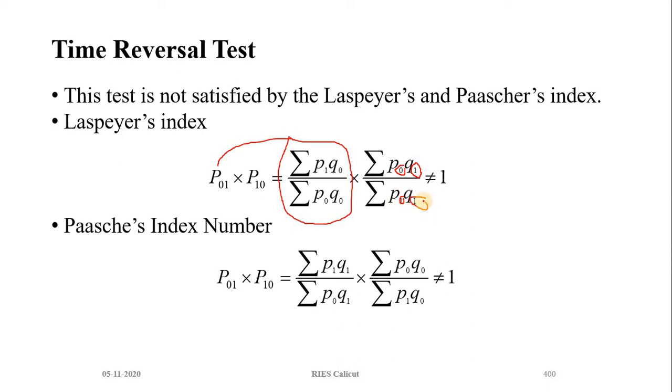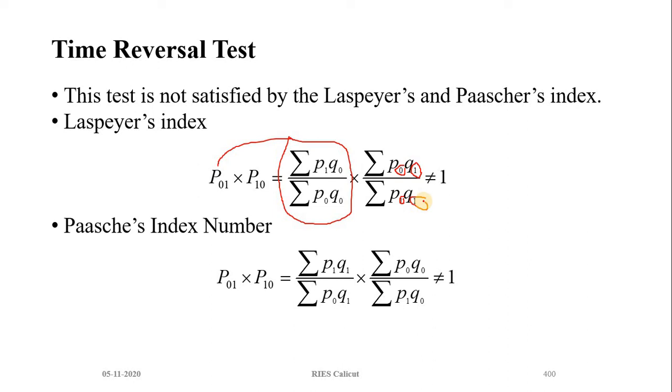This is what is called changing the subscripts. 0 becomes 1 and 1 becomes 0. So 0 becoming 1 means the base year is becoming the current year, and 1 becoming 0 means the current year is considered as the base year. Then you multiply both equations, you should get 1.